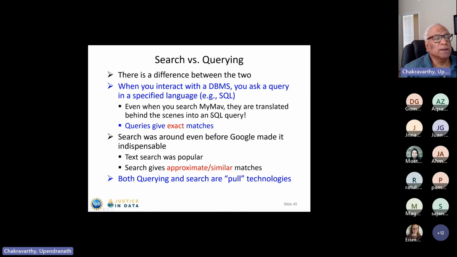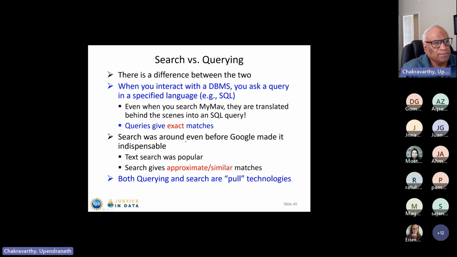Even when you search MyMap, it is translated behind the scenes into a SQL query. Queries give you exact matches, in other words, they cannot give you approximate or similarity matches. Either your query matches something in the database, or if nothing matches, it doesn't give you anything.